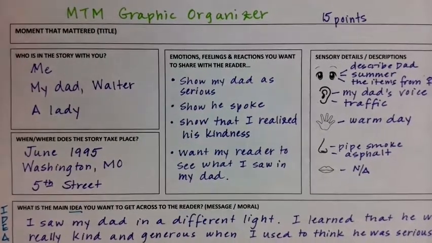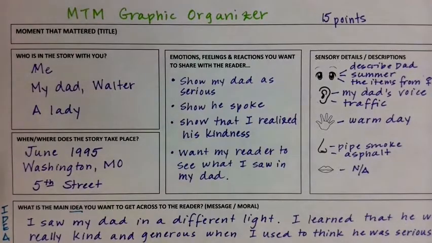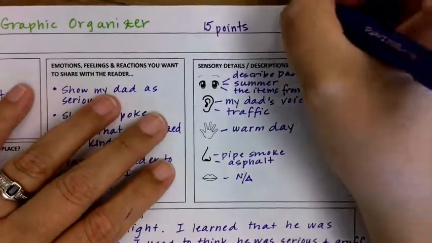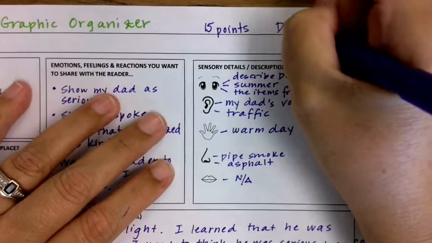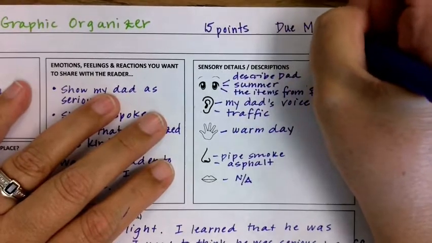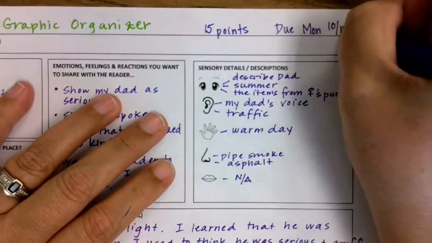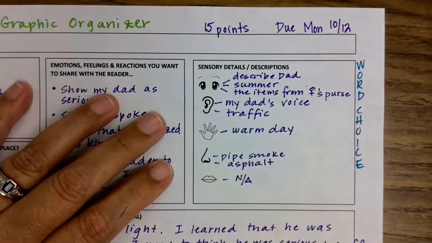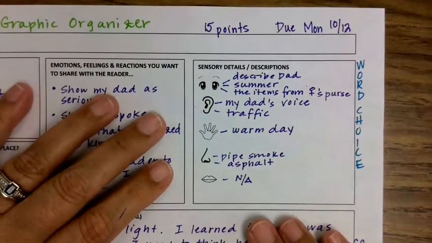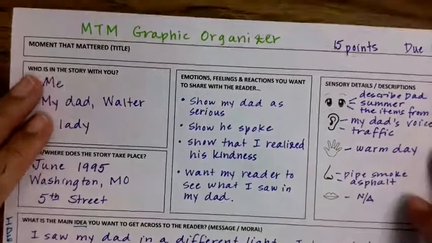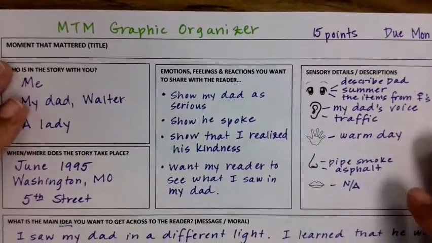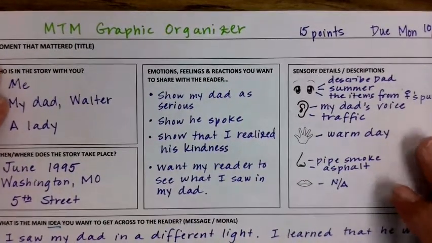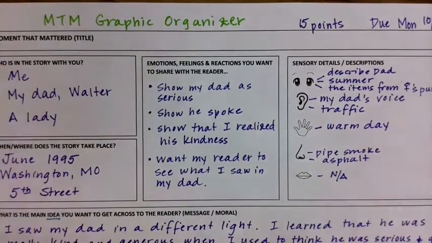So hopefully this has helped you, and we need your graphic organizer ready to go by Monday, October 12th. Okay. So it's due on Monday, October 12th. All right. So you should have gotten this in class. If you didn't, I will post this also with this video.